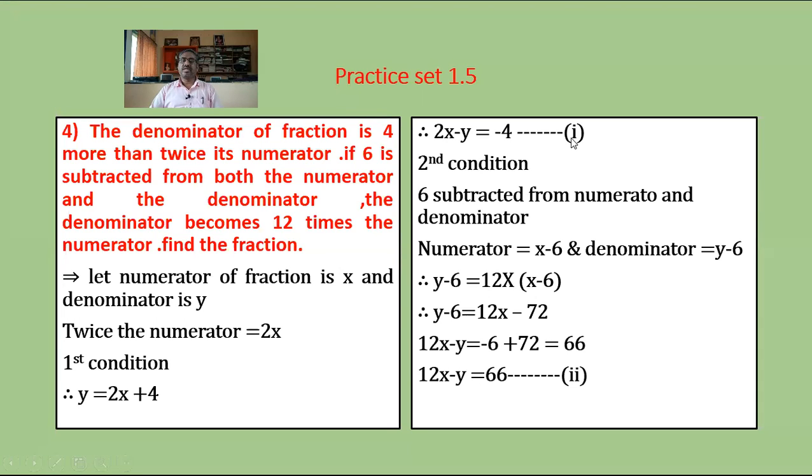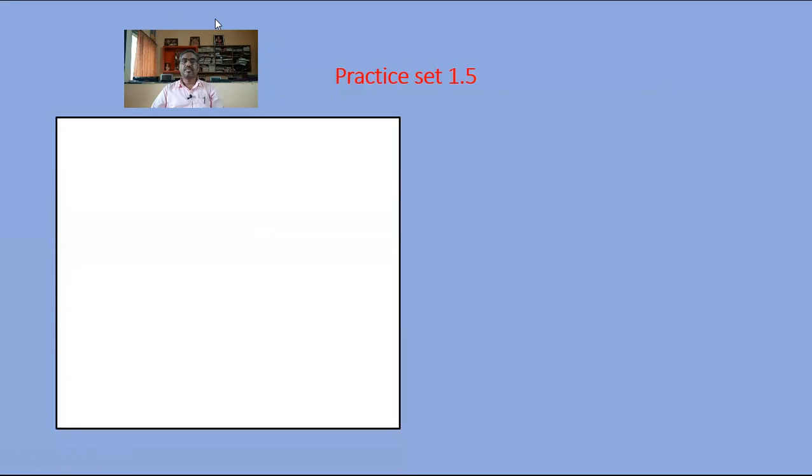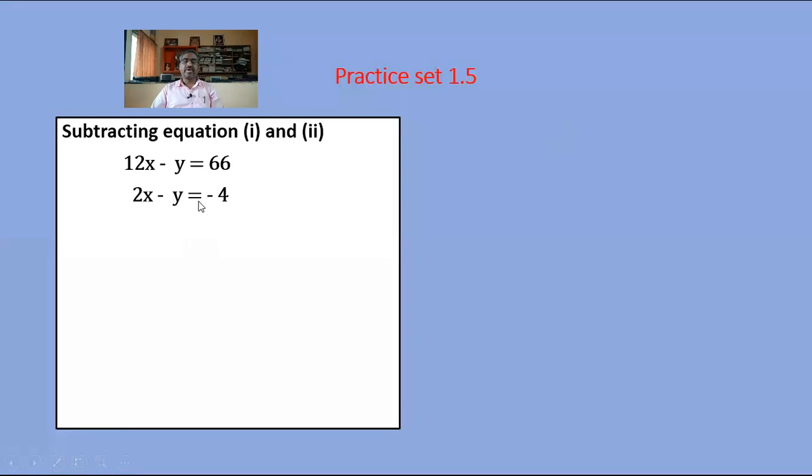From equations 1 and 2, the coefficient of y is the same, with the same sign. So we subtract equation 1 from equation 2. 12x minus y is equal to 66, and 2x minus y is equal to minus 4.